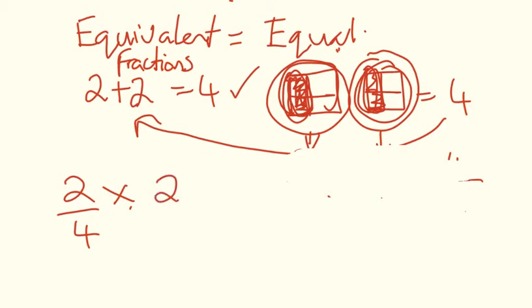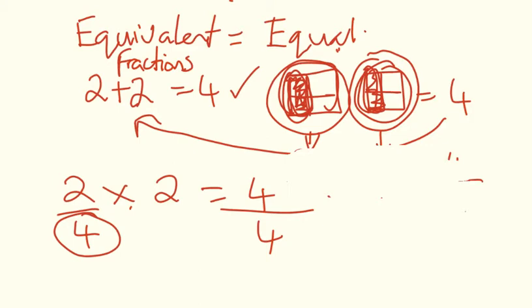So we know that 2 times 2 is equal to 4. Now, my top number becomes 4. If I just keep this bottom number here as 4, then 4 out of 4 is not the same as 2 out of 4.